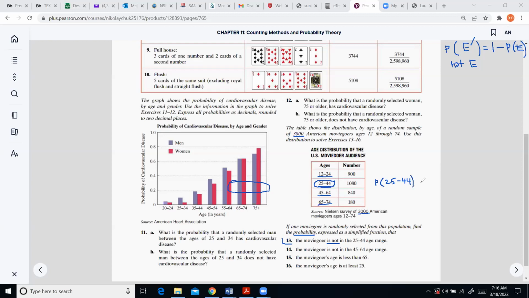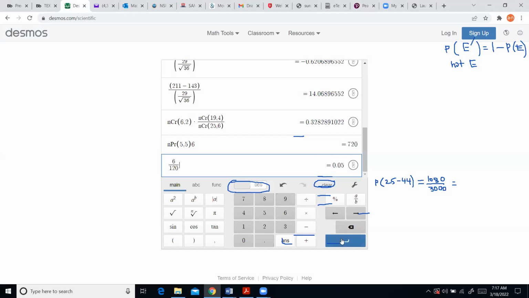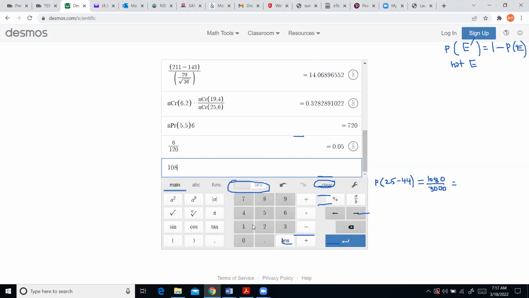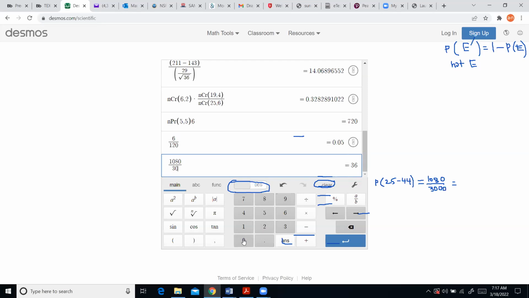And looks like it'd be 1,080, out of a total of 3,000, so I divide it by 3,000. Whenever we look for probability, we already know that we need to divide the total into the number of people that fit that particular description, which is age group 25 through 44. And I can get a calculator to get this 1,080 divided by 3,000.